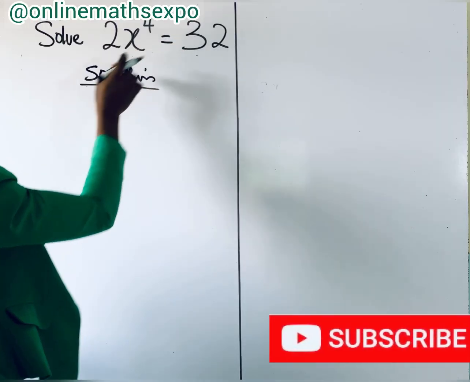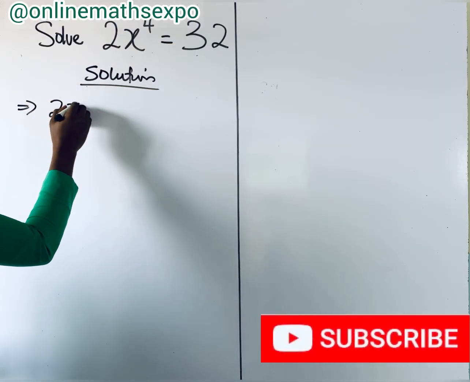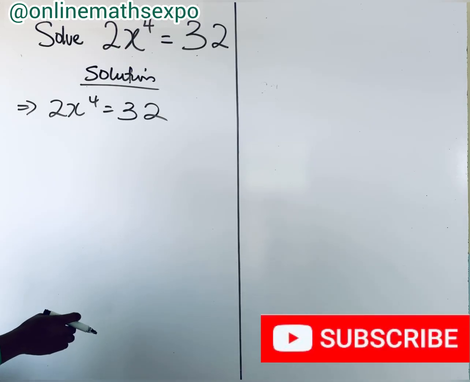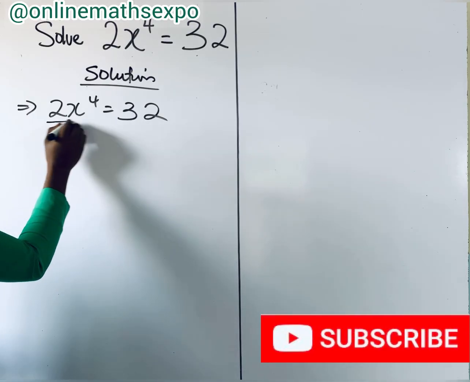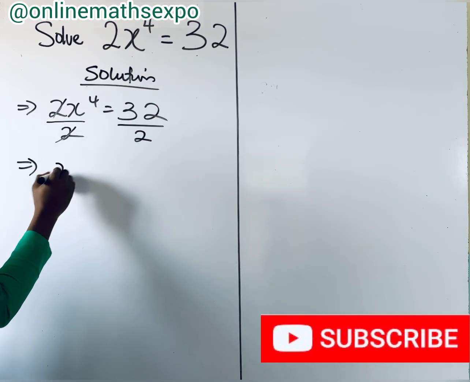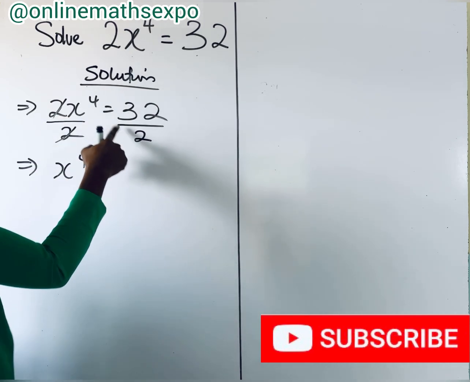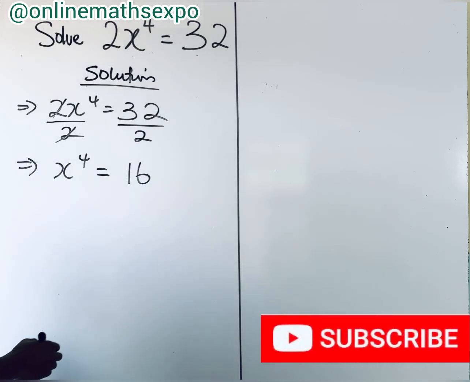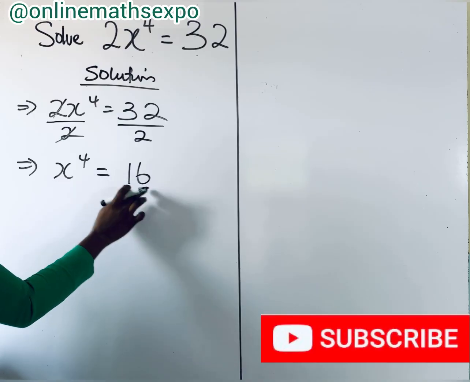So we're going to have 2x to the power of 4 is equal to 32. Now, what do you do first? As you did earlier, you are free to divide both sides by 2. So you are going to have x to the power of 4 is equal to 16. Now, what do you do? Don't be too quick to take the fourth root.